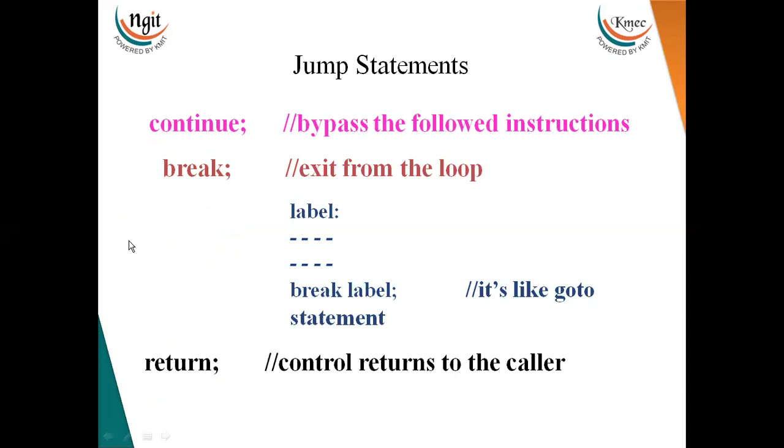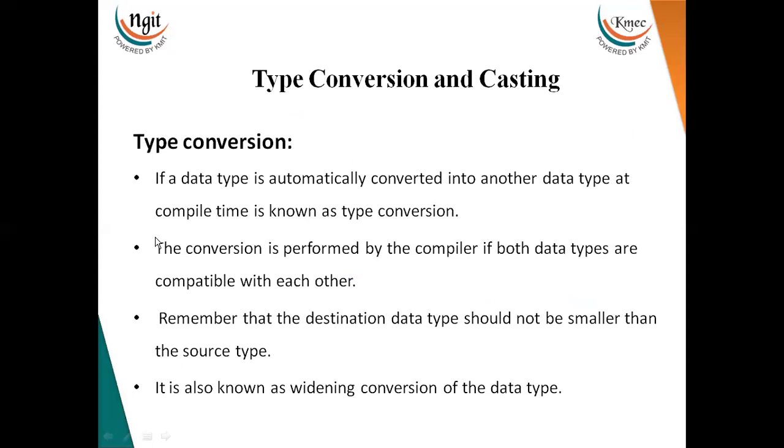Now, coming to the type conversion and typecasting. Type conversion is nothing but converting one data type into another data type. That is known as type conversion or typecasting. There is a difference between typecasting and type conversion. If the data type is automatically converted into another data type at the time of compilation, it is known as type conversion.